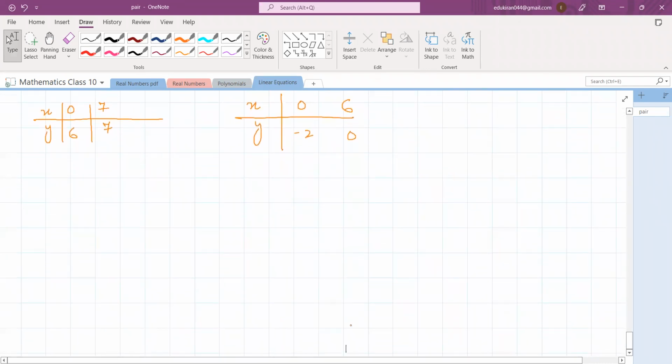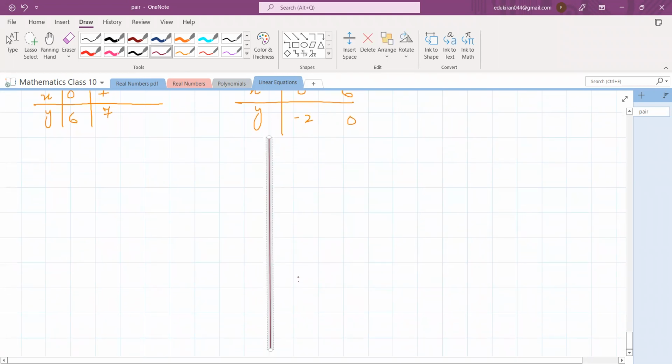Let's use a graph here. y is taking up to 6 values and not many negative values, going only up to minus 2, so I can plot easily on the graph paper.